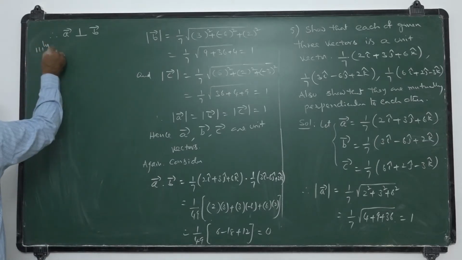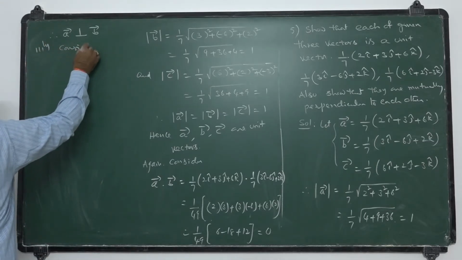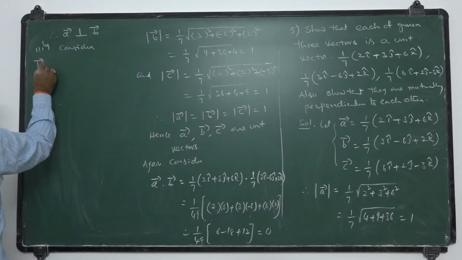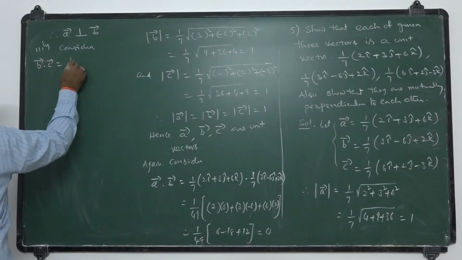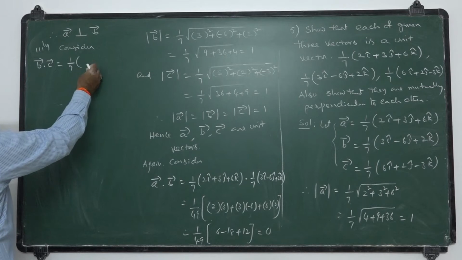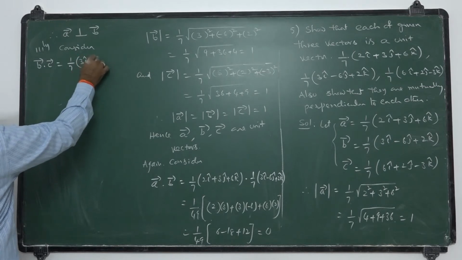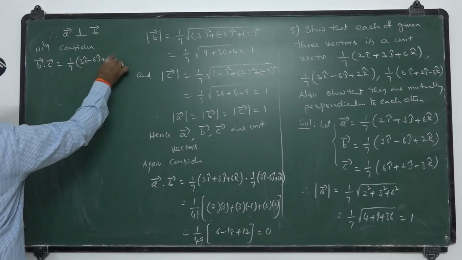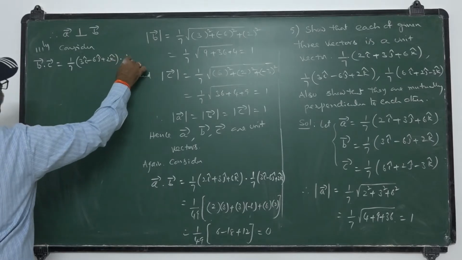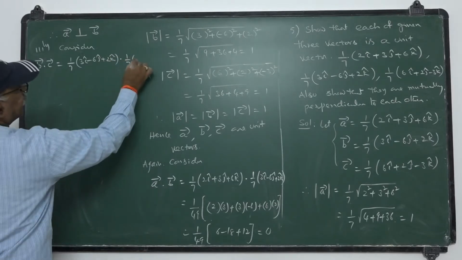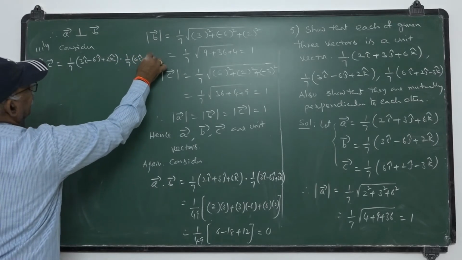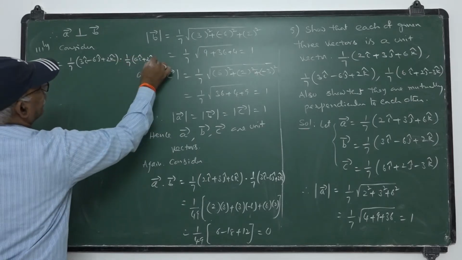Similarly, consider B dot C. That is 1 by 7 into B, which is 3i minus 6j plus 2k, dot 1 by 7 into C bar, which is 6i plus 2j minus 3k.